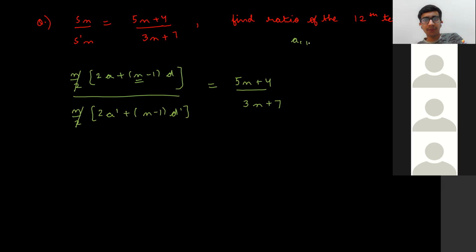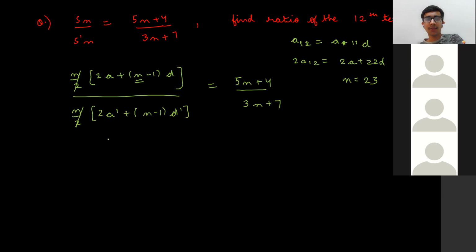See, a12 is a plus 11d. We need 2 times a12, so that will be 2a plus 22d. So this n minus 1 should come as 22. That means we can put n as 23.